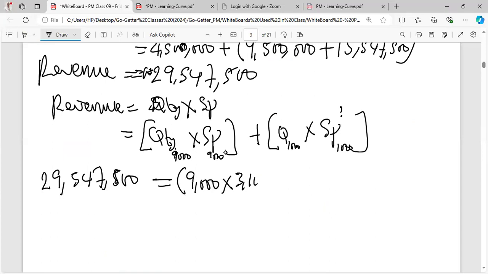Now let's leave this side. Quantity is 1,000 multiplied by SP. So this is the selling price we are looking for.